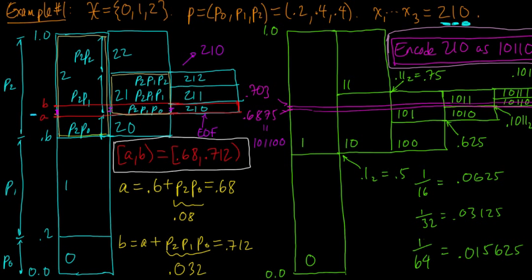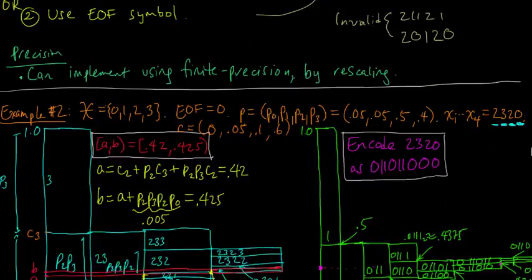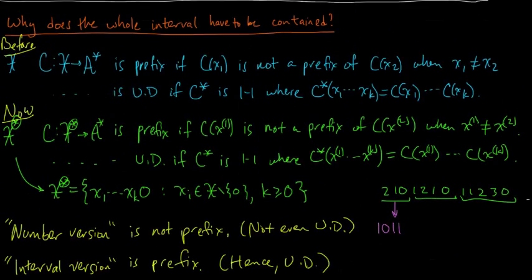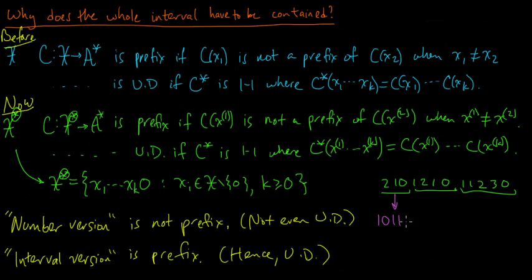But that's not, in general, the situation that we're going to be dealing with. So if you only had this 1011, then you're in perfectly good shape for the number version. But unfortunately, in general, you're not just going to get that. You're going to get some binary sequence that starts with this, and then there's just some other junk back here, this sequence is just going to keep on going.